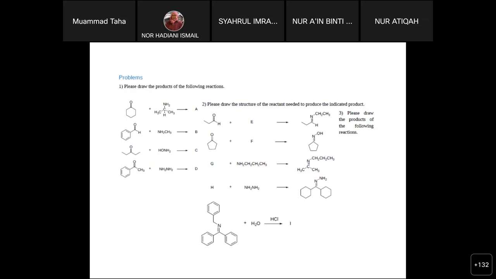In case of this one, B, because this is also a primary amine, am I right? A primary amine reacting with an aldehyde, what will be the product? Also imine, yes, good. And the third one is an oxime, because we consider only this nitrogen NH2.